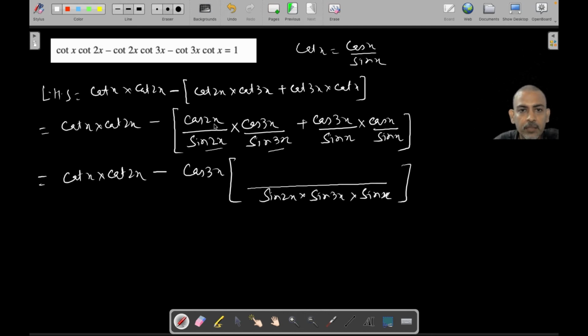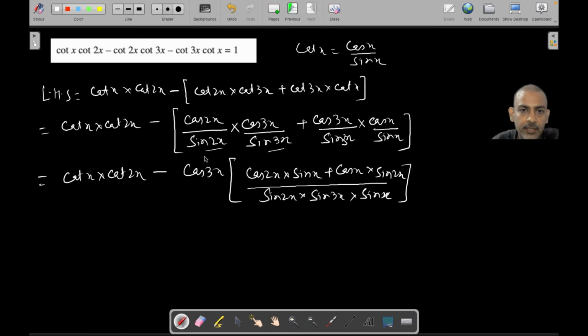and I'll have to multiply it with cos 2x, so cos 2x into sin x, and plus here I have taken out cos 3x common, so I have cos x here, and then here sin 3x and sin x are there, then I have to take sin 2x here, so it will have sin 2x here.